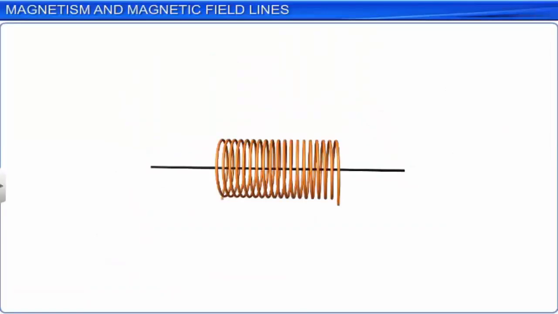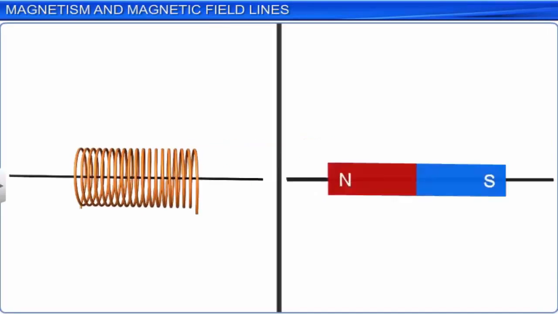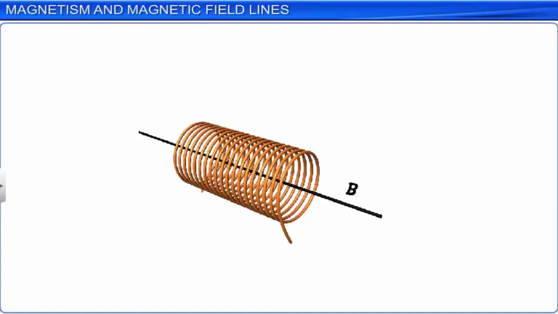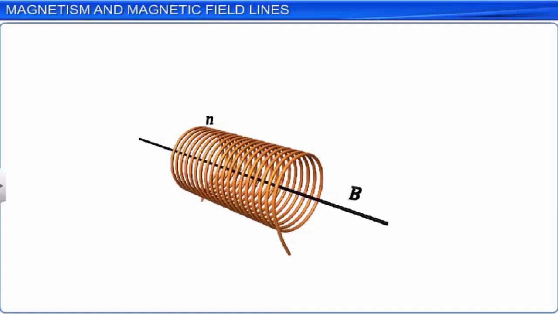To make it more clear that the field due to a solenoid is similar to that of a bar magnet, we calculate the magnetic field induction B at a distant point on the axis of the solenoid and compare with the magnetic field induction at a point on the axial line of a bar magnet. Consider a solenoid of finite length with n turns per unit length.